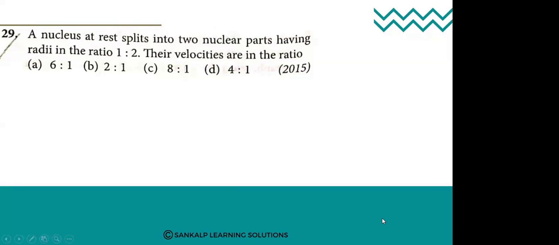Let A1 and A2 be the mass numbers of the two nuclei. As we know, the radius is written as R1 is equal to R naught A1 to the power 1 by 3. So this is equation 1.